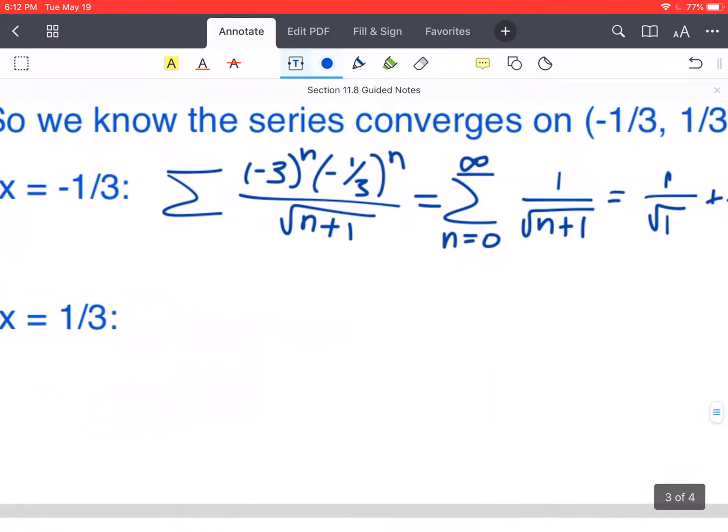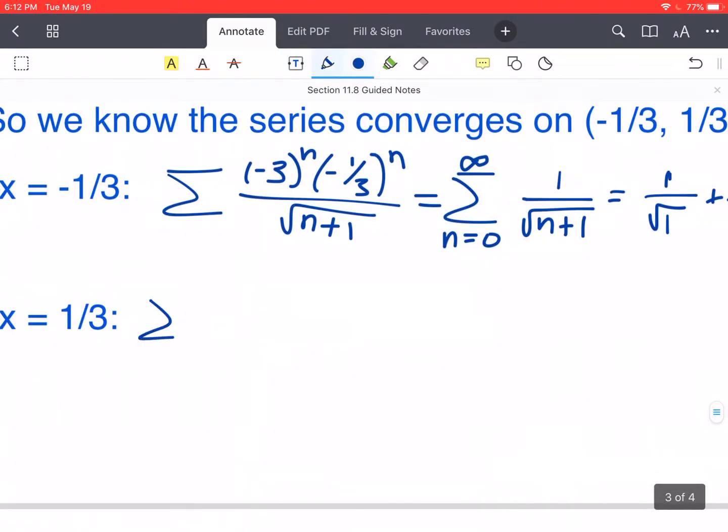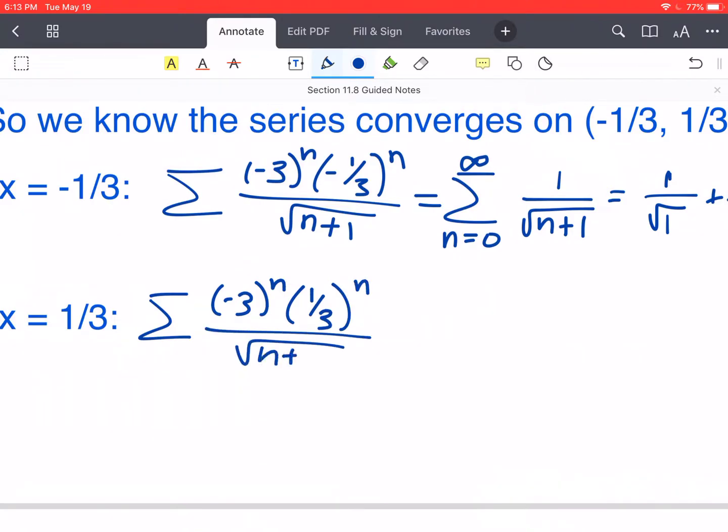then our series is going to become the series negative 3 to the n times positive 1/3 to the n over the square root of n plus 1. Okay, so we get this sum, going from 0 to infinity, of, in this case, negative 1 to the n over root n plus 1.